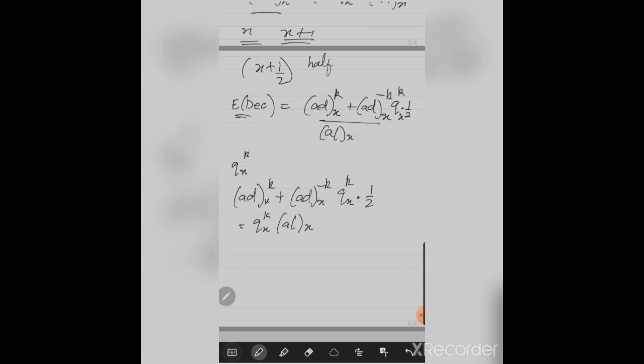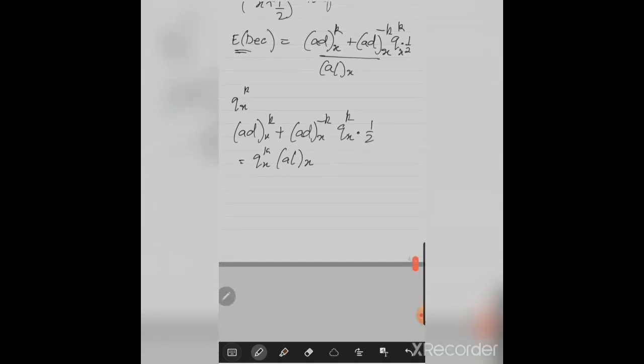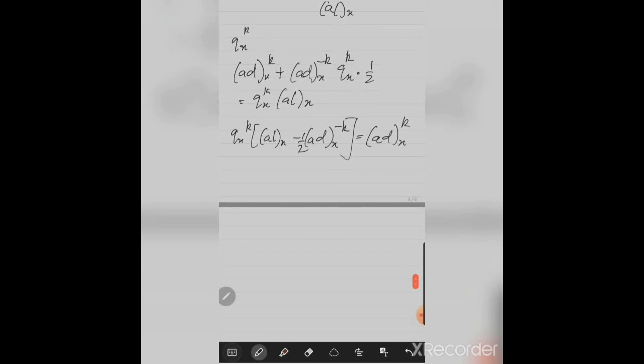So from here, I take all the QX's to one side. So I get QX K times ALX minus of AD X minus K, and here we have 1 over 2. So this I'm calling as ADxk. So from here, I'm going to get my qx of k directly.